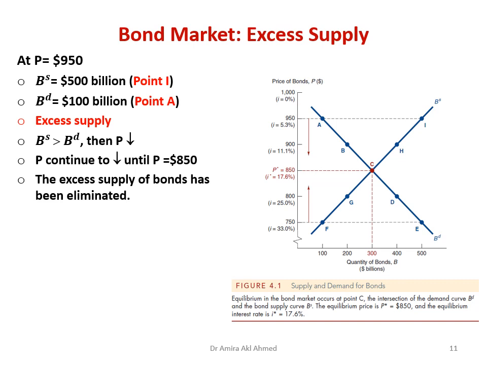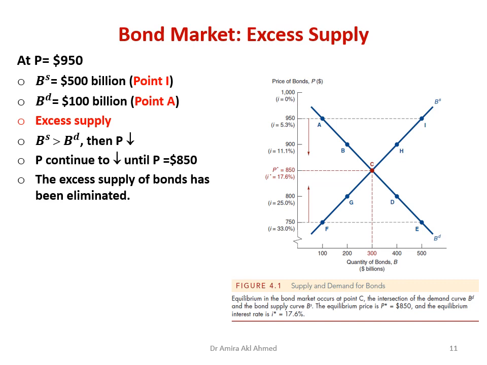If the price of bonds is set too high, at say $950, the quantity supplied of bonds at point I is $500 billion. At this high price, the quantity demanded of bonds at point A is $100 billion, which is lower than its corresponding quantity supplied.